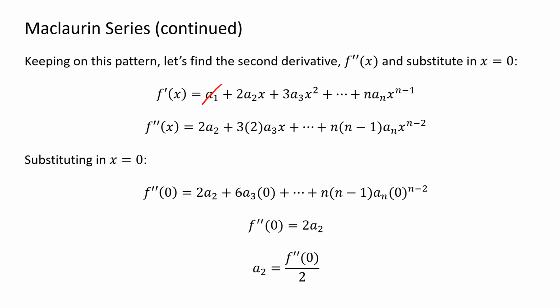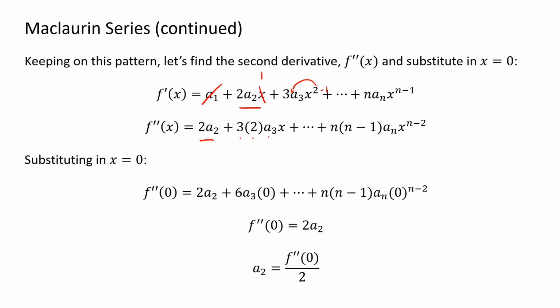The second term becomes just 2 times a2 because the derivative of x is 1. So it becomes 2a2. The next term becomes, again bringing the exponent down, 3 times 2 times a3, and this becomes x to the 2 minus 1. Remember, just using the normal derivative rule.